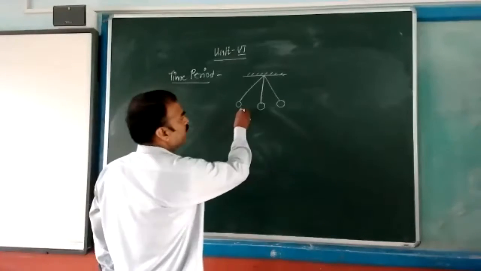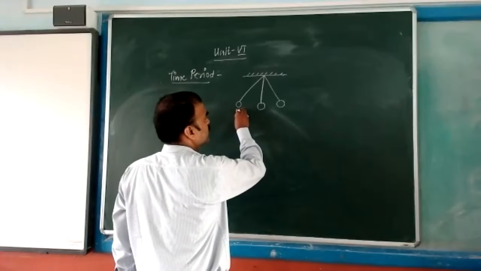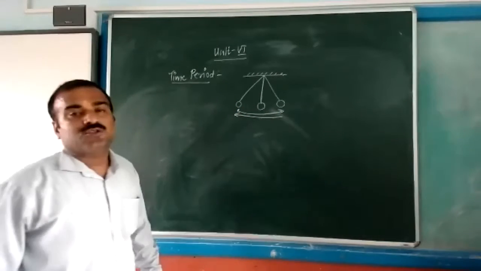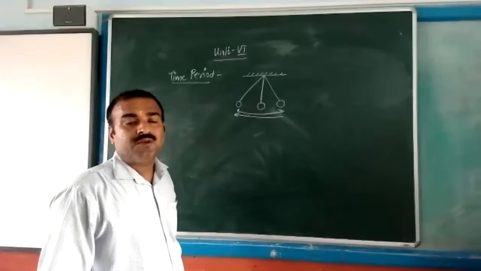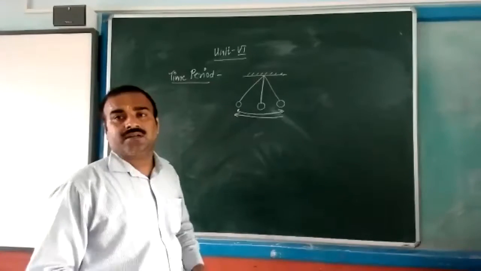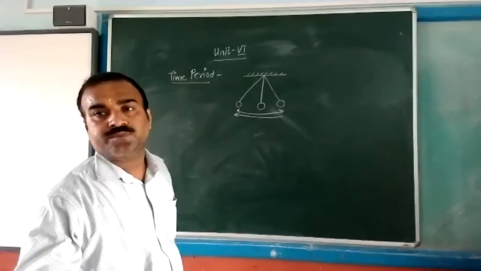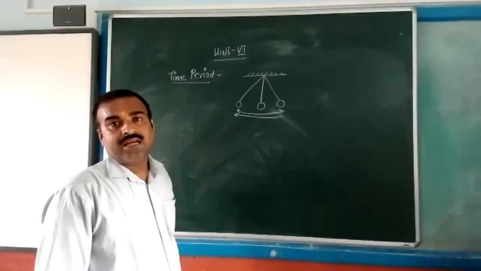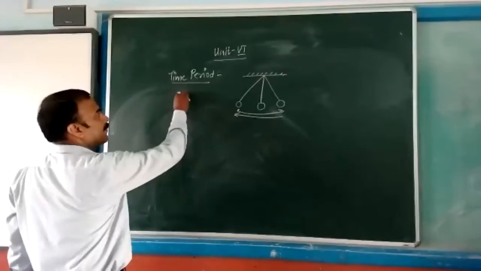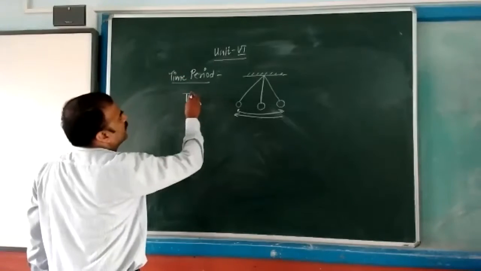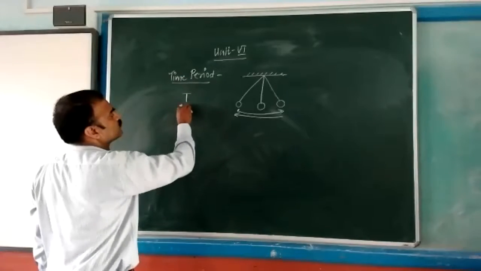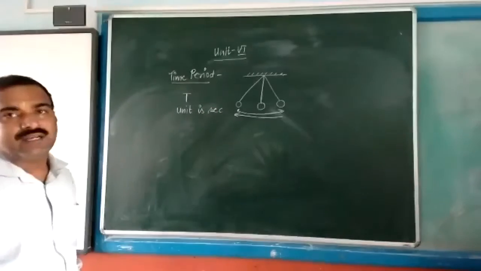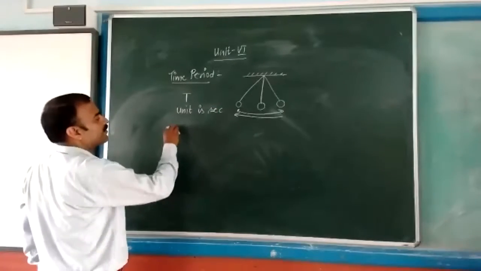If the simple pendulum starts from here, goes to here, then again reaches here, for one complete oscillation, whatever the time taken is known as time period. It is denoted by capital T, and the unit is second.